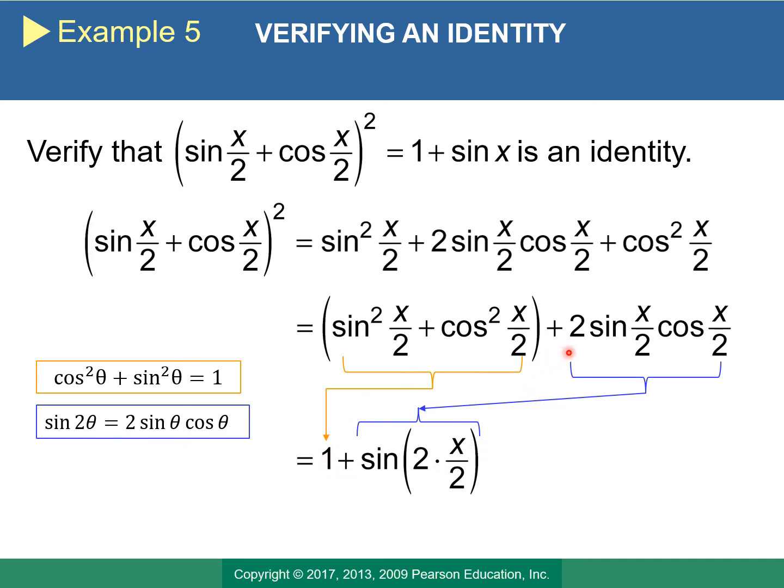And then this 2 sine x over 2 times cosine x over 2 just becomes sine of 2 times x over 2, where theta is x over 2. So right here in our formula, you're just replacing theta with x over 2. That's why it's 2 times x over 2. And then the 2's divide out. Final answer, 1 plus sine x, was exactly what we were trying to find, so we did in fact verify this identity.